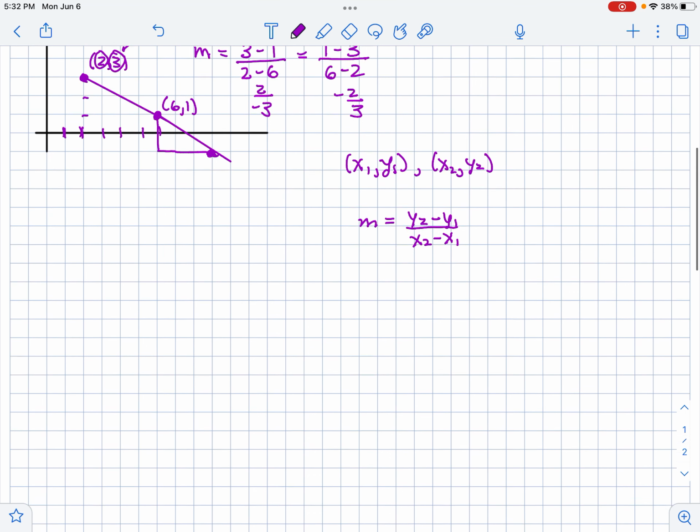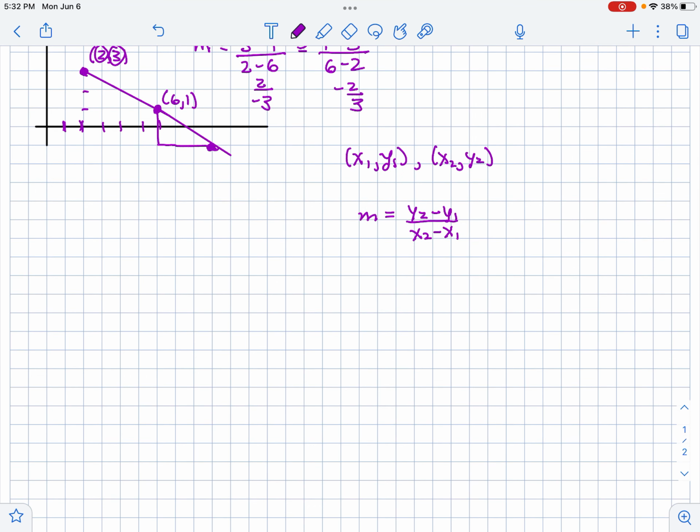Okay. Now, let's just look at this a minute. Let's suppose that we've got 2 points. Let's just write a line here. And I'm not even going to pay any attention to what the slope is.